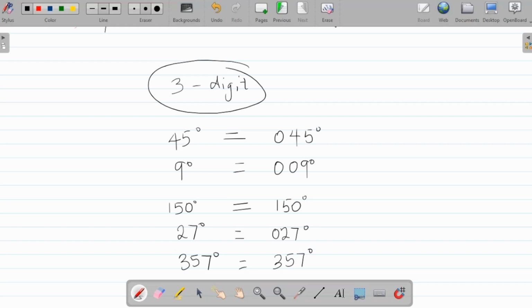So these are the 3 golden rules of bearing. First one is saying always start from the north.